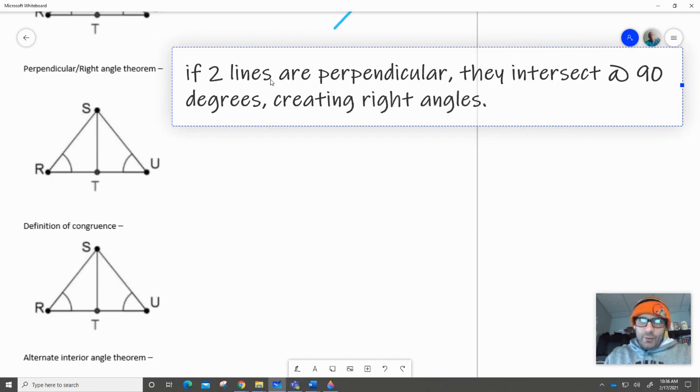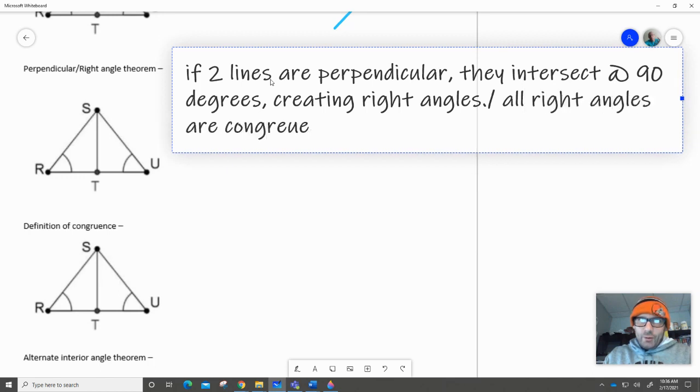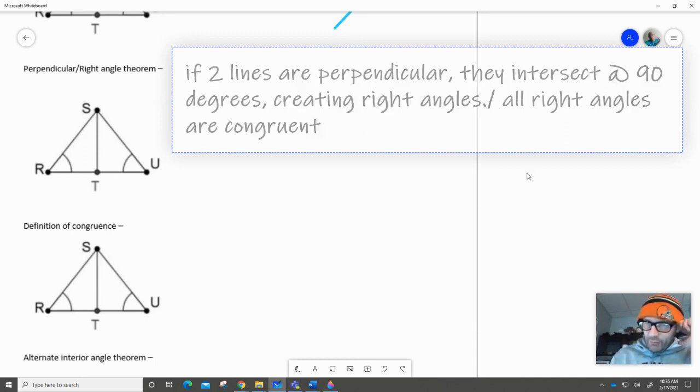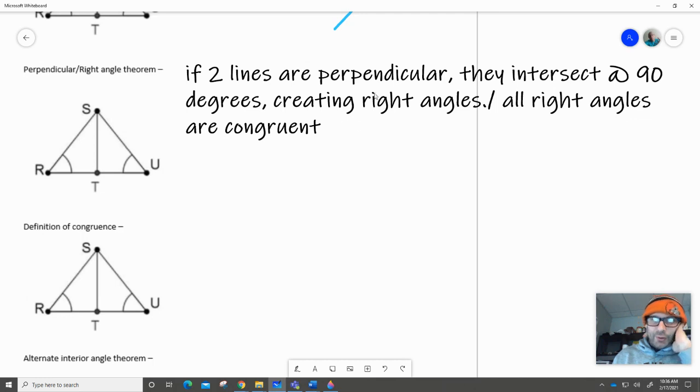And the second part of the right angle theorem is that all right angles are congruent. Again, very obvious. We all know that right angles are 90 degrees, but it's still something that we need to make sure that we write down when we do these proofs.